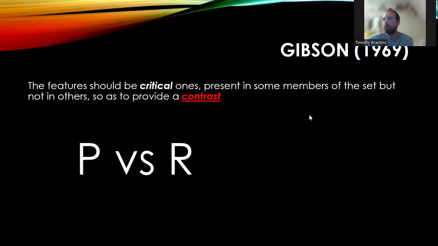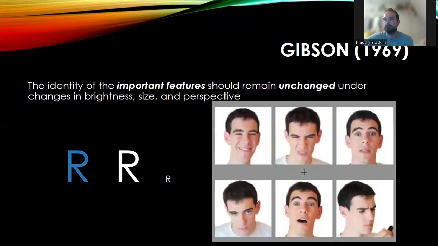Okay, so Gibson also noted that the critical features for each object, again, will be present in some members of the set, but not others, which is important because it's providing contrast. We need a contrast between objects, and these critical features are the ones providing that contrast.